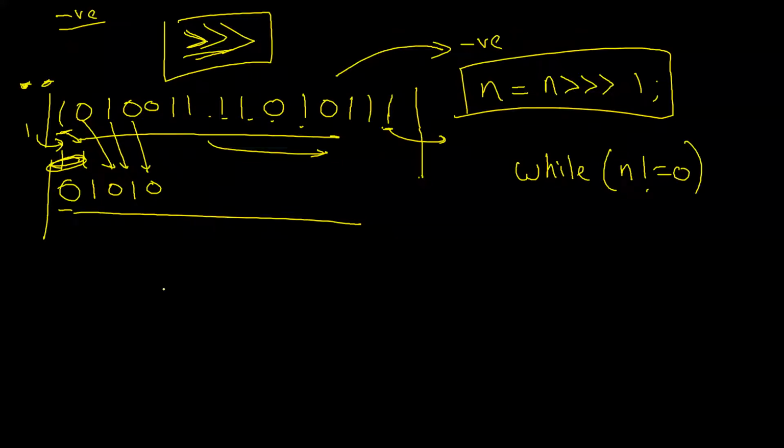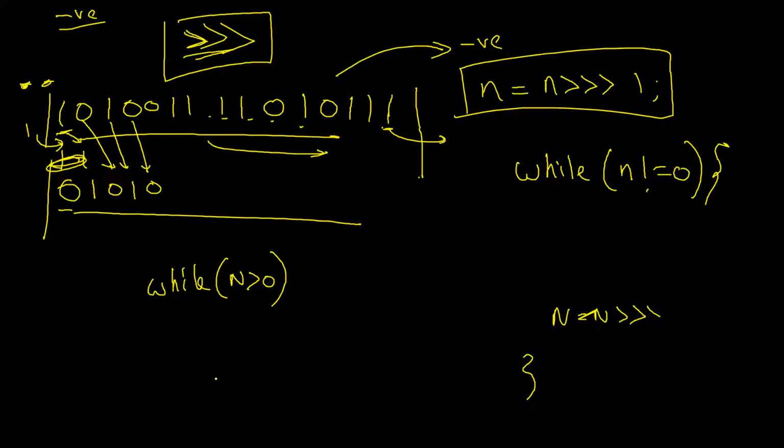If I had written while n is greater than 0, and if I keep on dividing this thing, then what will happen is, only for the positive values this will work. For the negative values it won't work, because a negative value is a negative value first. After one operation it becomes a positive value. Correct. So if I write something like this, in the first step it will fail. Do you guys agree? Udit, you're correct.